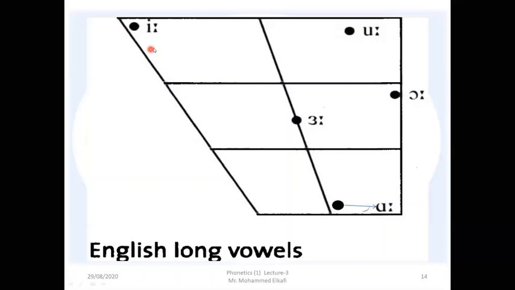Let's take some examples for the long vowels. Here, E, as in sheep, e. This one, as in bird, air. This one, as in part, ah.